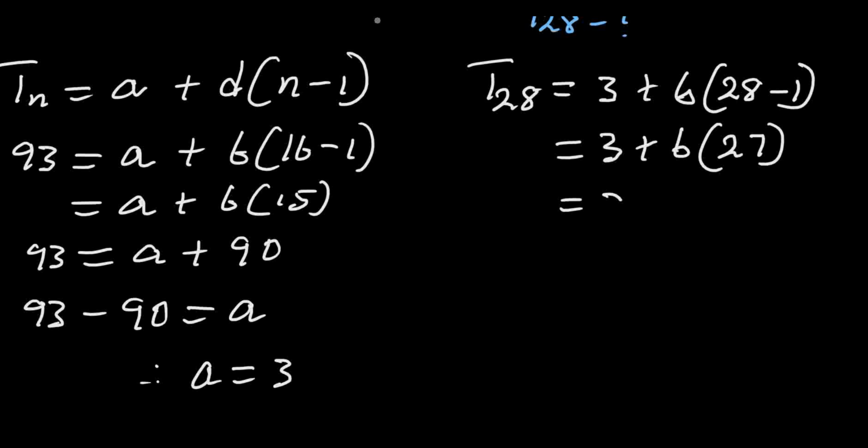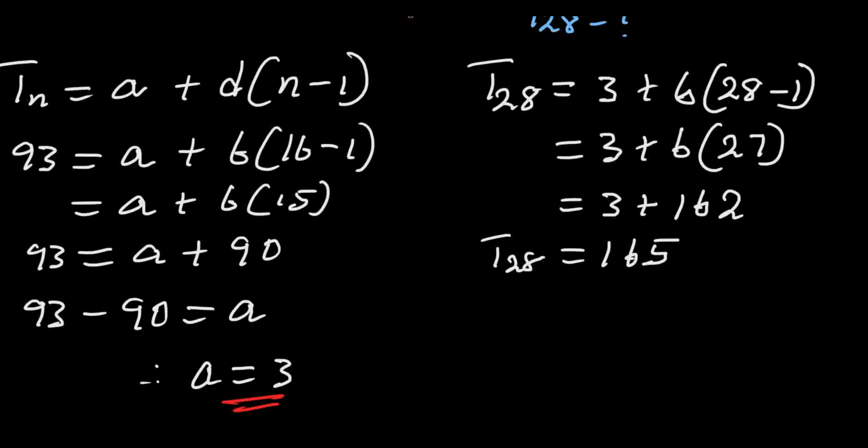This will be equal to 3 plus 6 times 27 is 162. So 3 plus 162 is 165. So the 28th term, T28, is equal to 165. So the first term is 3, while the 28th term is 165. So this is the answer to this question, and I hope it makes some sense.